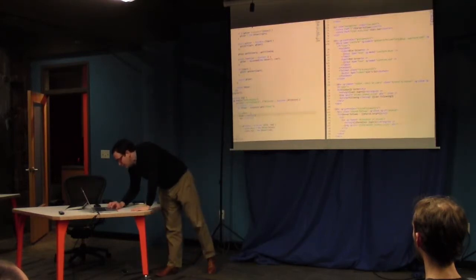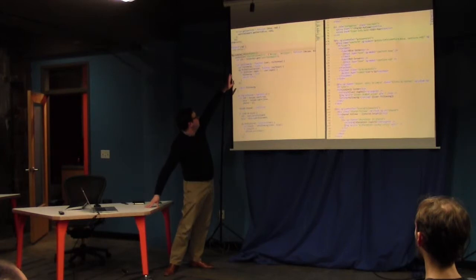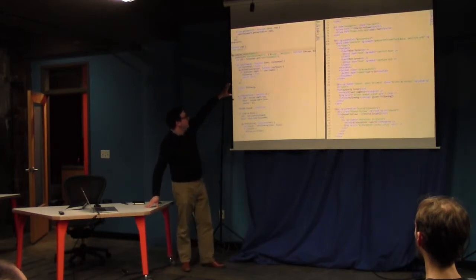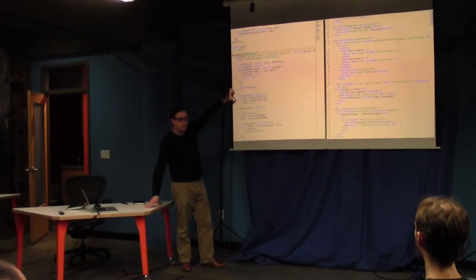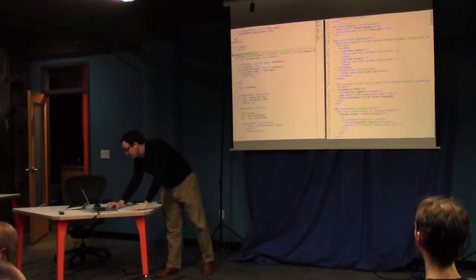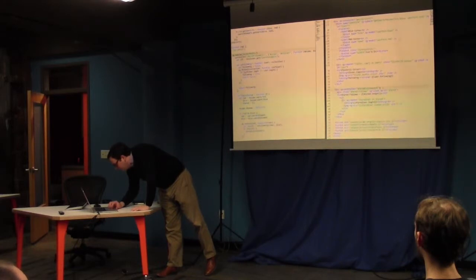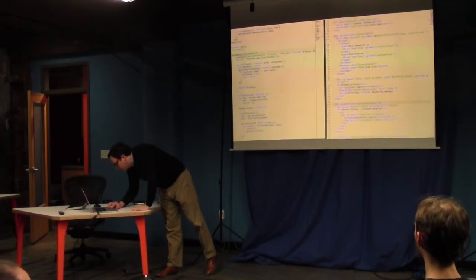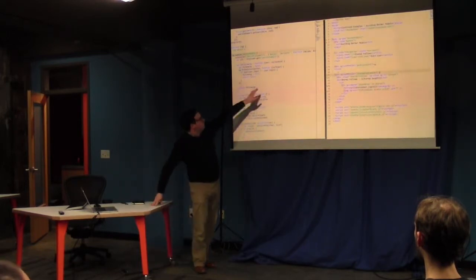What that allows us to do further is, I made a new controller called shared follows controller, and I took all the comparing of the two follow list functions and put them in here.